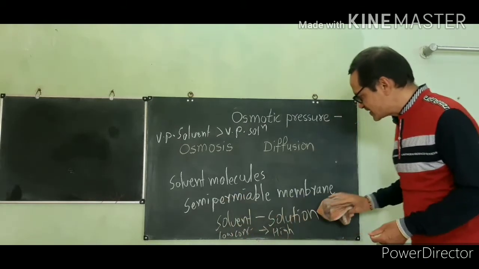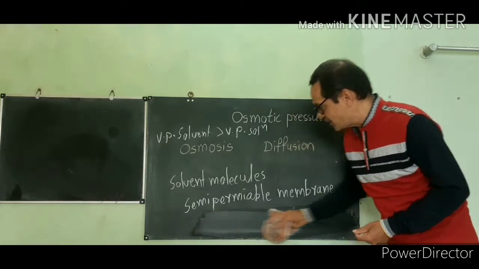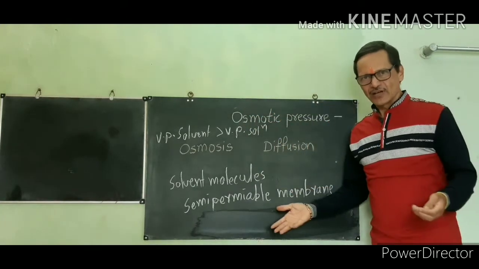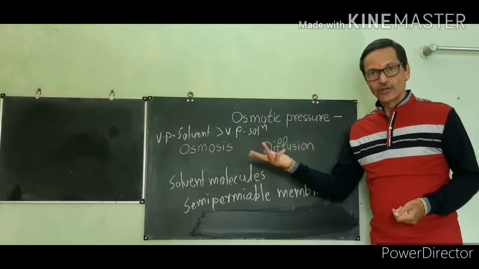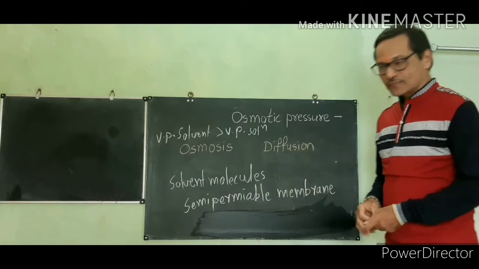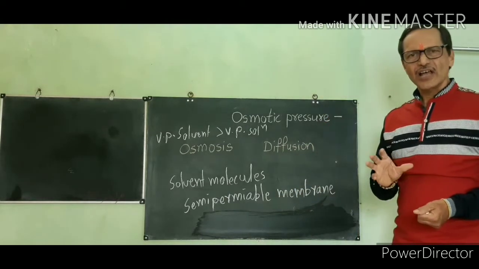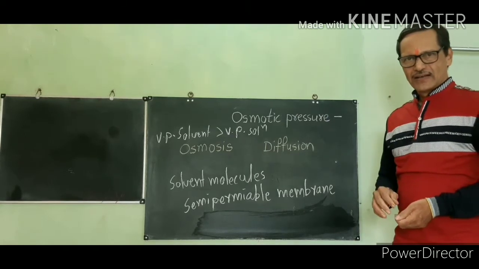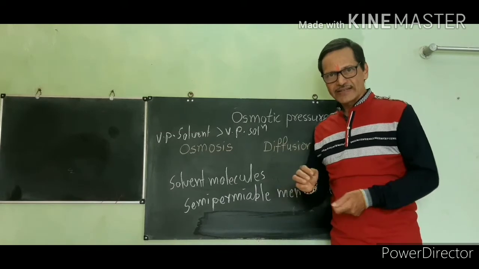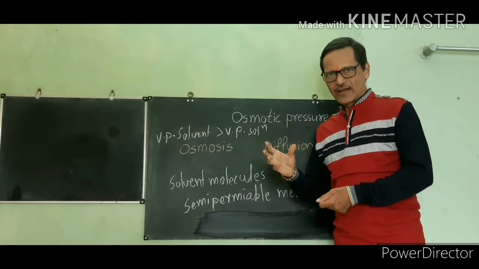Now let us see what is a semi-permeable membrane. A semi-permeable membrane is a diaphragm. There are various semi-permeable membranes in nature: cellophane, cellulose, and in our body the walls of cells. But their structures are not even. So in the laboratory for our experiments, a clear semi-permeable membrane having an even structure is required.